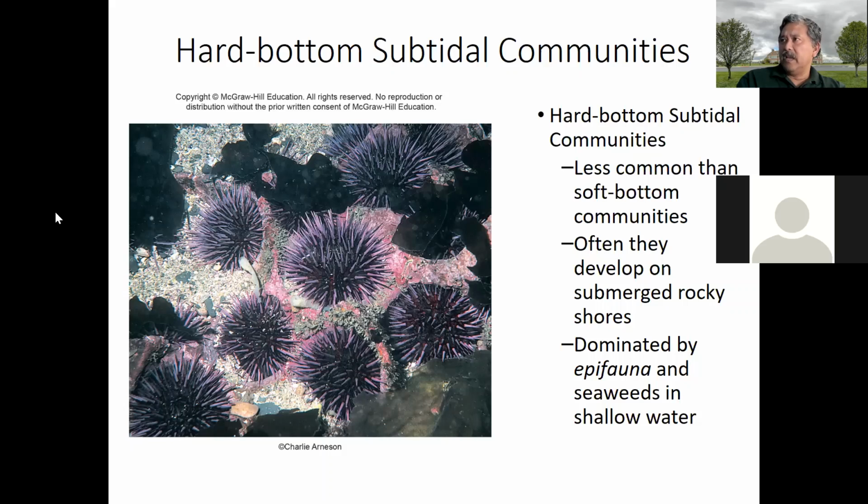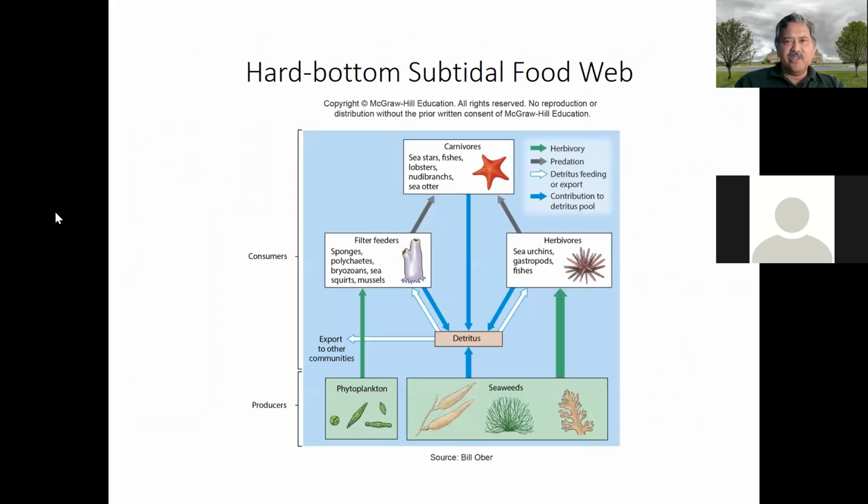An area can turn from an intertidal tide pool type of area into, if the sea level rises either locally or globally, a submerged area, and then you would have a hard bottom subtidal community.